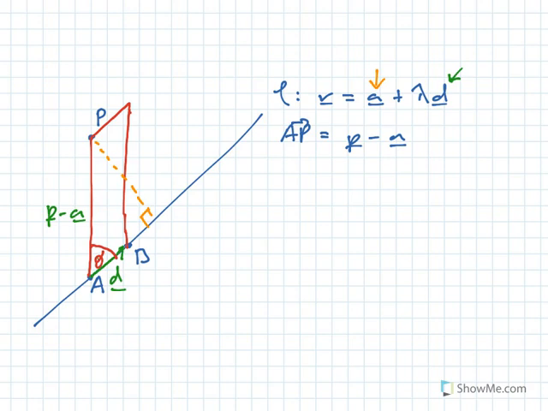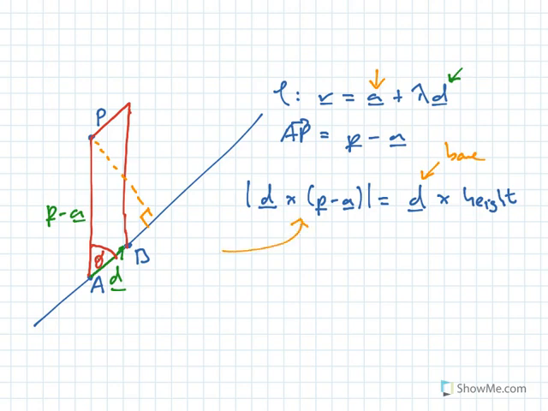So I can use this to find the area of the parallelogram. I could say that the base, which is d, crossed with p minus a, in magnitude, gives me the area of the parallelogram. So that equals the base times the height. This is the base, and this bit here is the area.